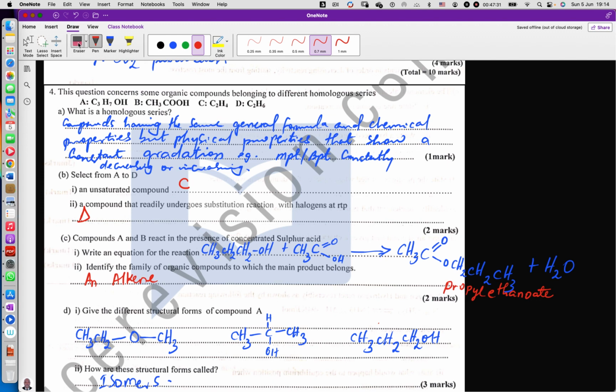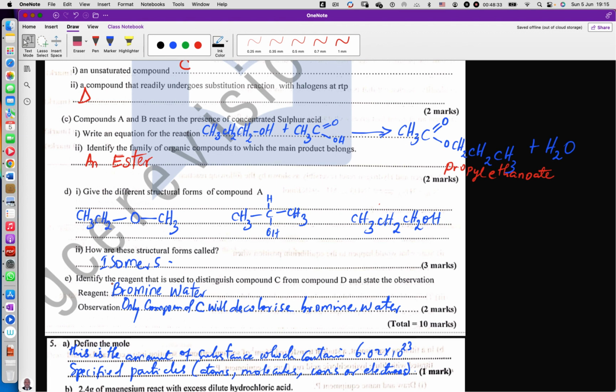The family to which the main product belongs is an ester. It belongs to an ester.